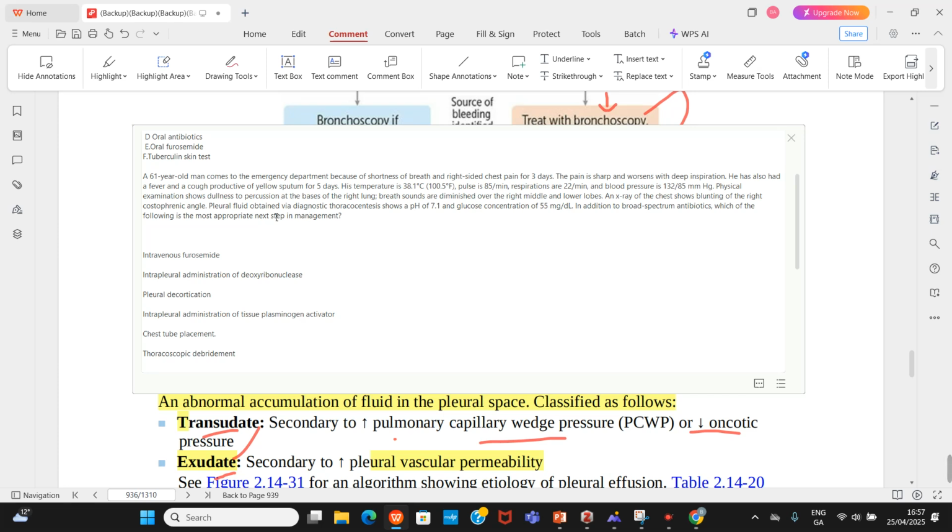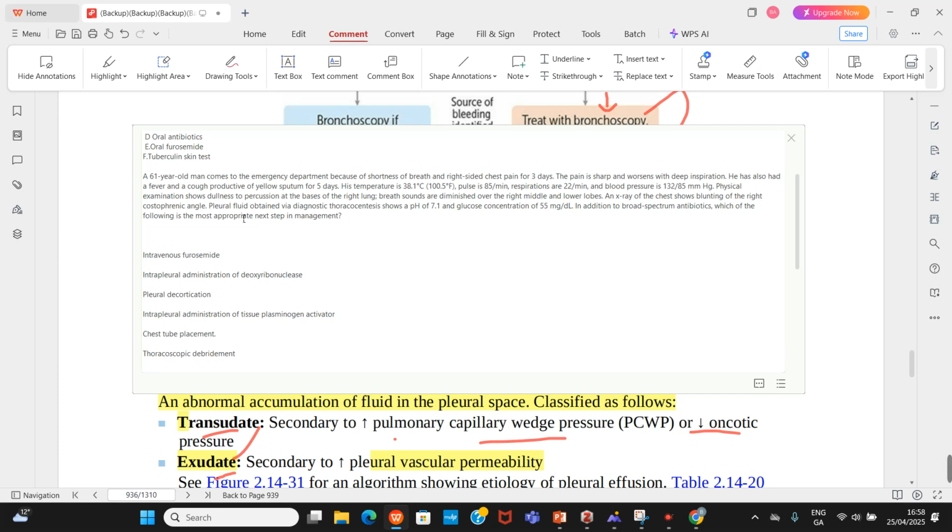So let's look at this. A 61-year-old man comes to the emergency department because of shortness of breath and right-sided chest pain for 3 days. The pain is sharp and worsens with deep inspiration. He has also had a fever and a cough productive of sputum for 5 days. Temperature is 38.1, pulse is 85, respiration is 22, blood pressure is 132.